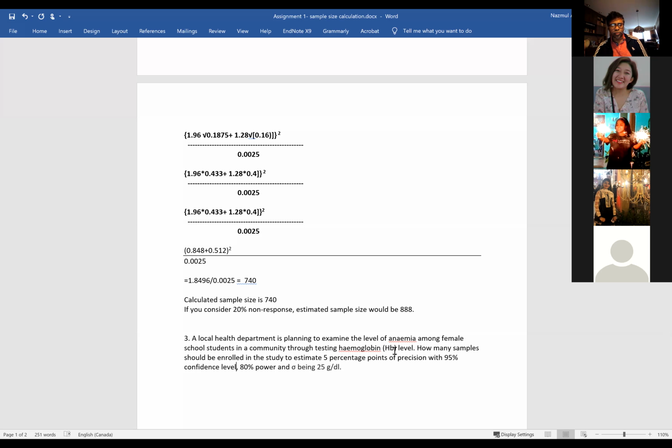The level of hemoglobin will be counted as a number, a continuous number, right? So there are also formulas for this. Based on the situation, type of study, and type of outcome that you are following, you have to calculate sample size accordingly.